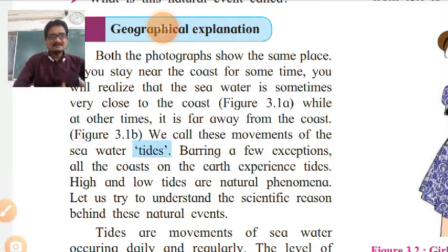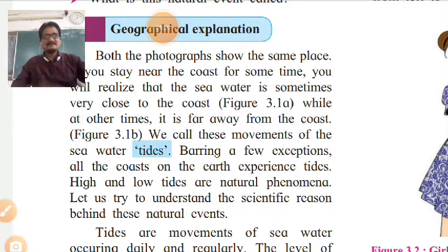High tide means bharti, low tide means ohoti, means less water, means water is far away from the sea coast. All these are natural phenomena. Natural phenomena means naisargik ghatna. Let us try to understand the scientific reason behind these natural events. So what is the reason behind all these natural phenomena?